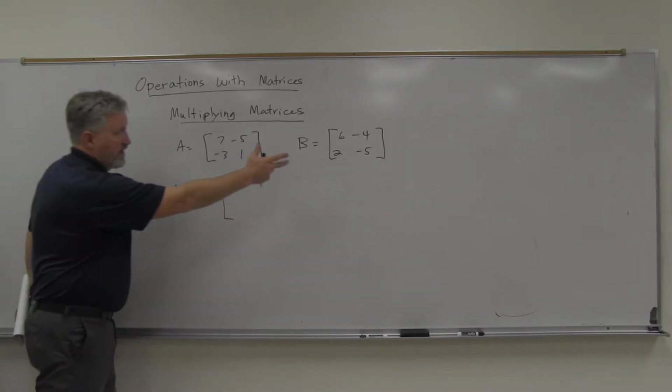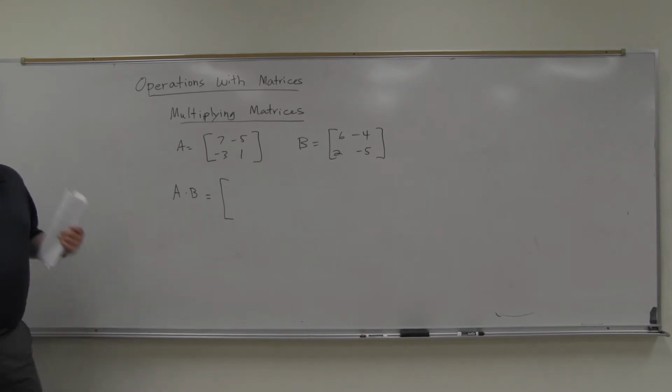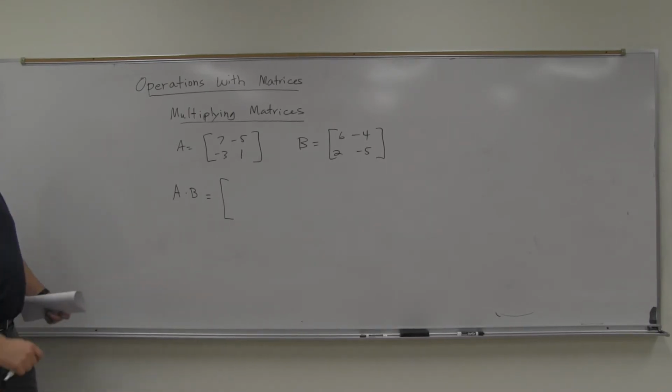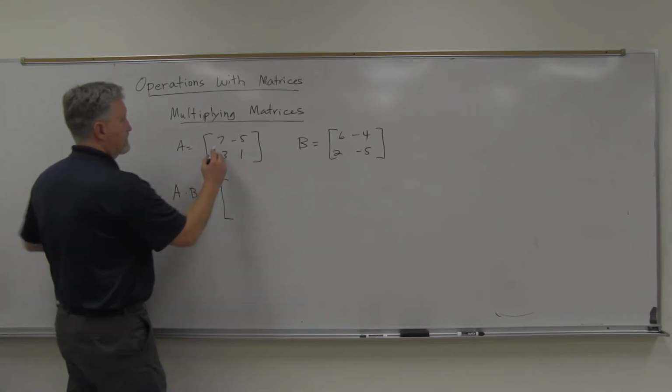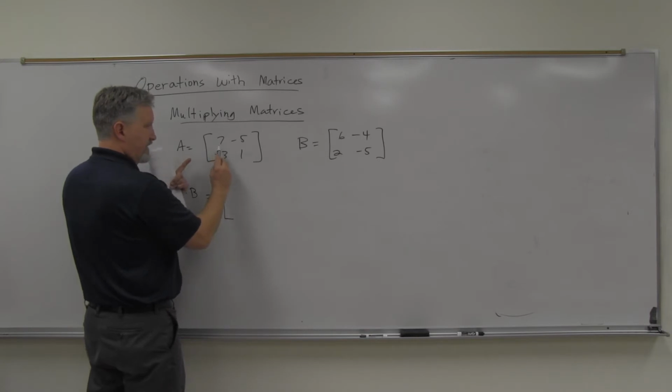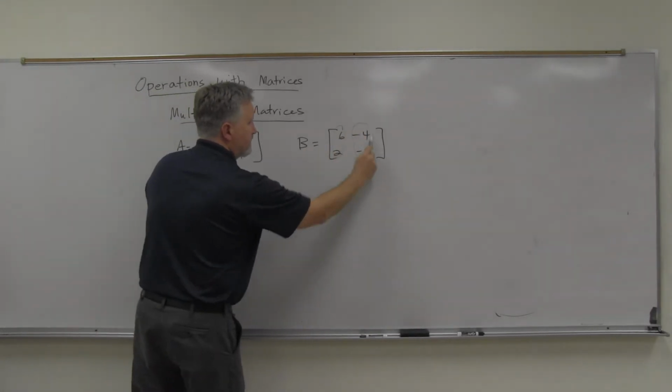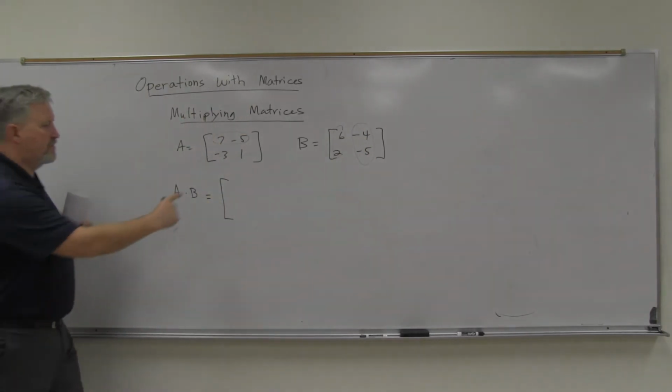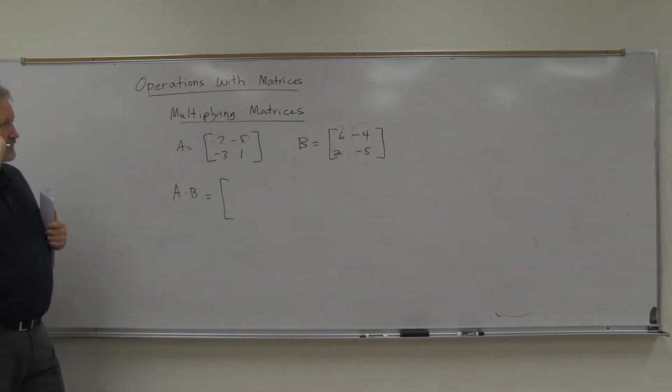Because this is a 2 by 2 and a 2 by 2, those are obviously going to be able to multiply. All right, so A times B. I would take the first row of A times both columns of B. And that'll give me my first two entries here.